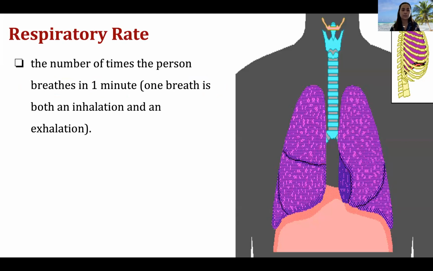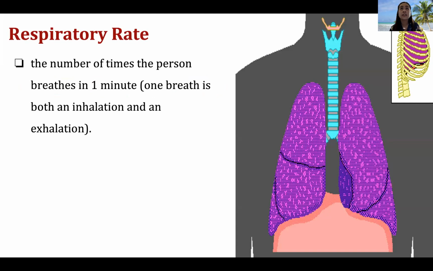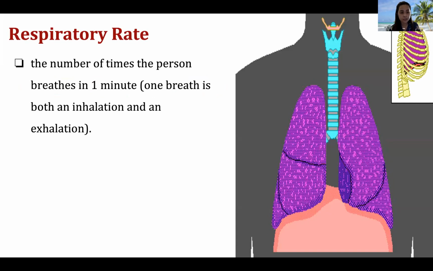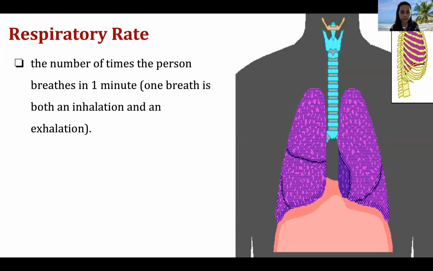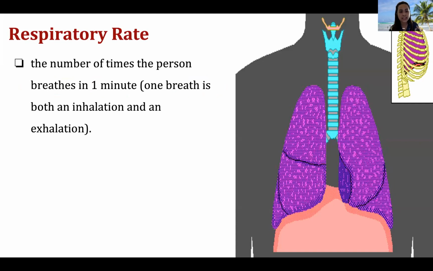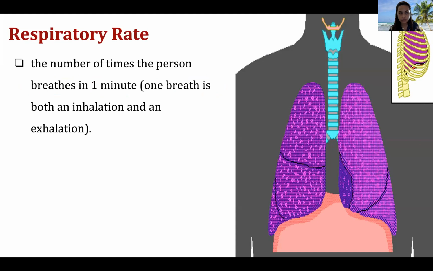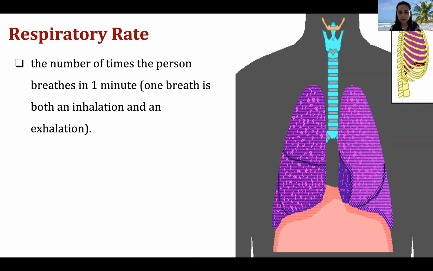Next, respiratory rate. Respiratory rate is the number of times the person breathes in 1 minute, where one breath is equal to both an inhalation and exhalation. How will you know this is respiratory rate?